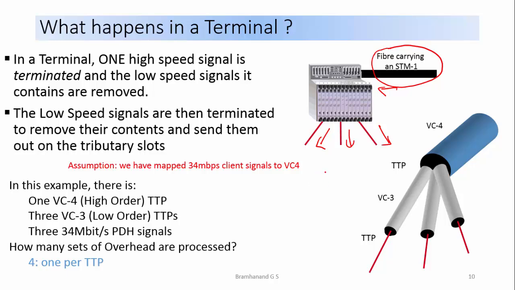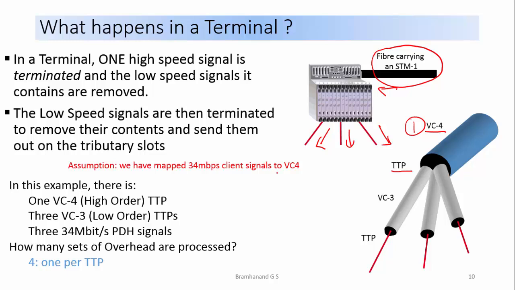Now let's take an example: if this is STM1, we know that there will be one VC4. Now, as we discussed, if it is a VC4 trail, then it has to have a trail termination point. So we have one trail termination point.